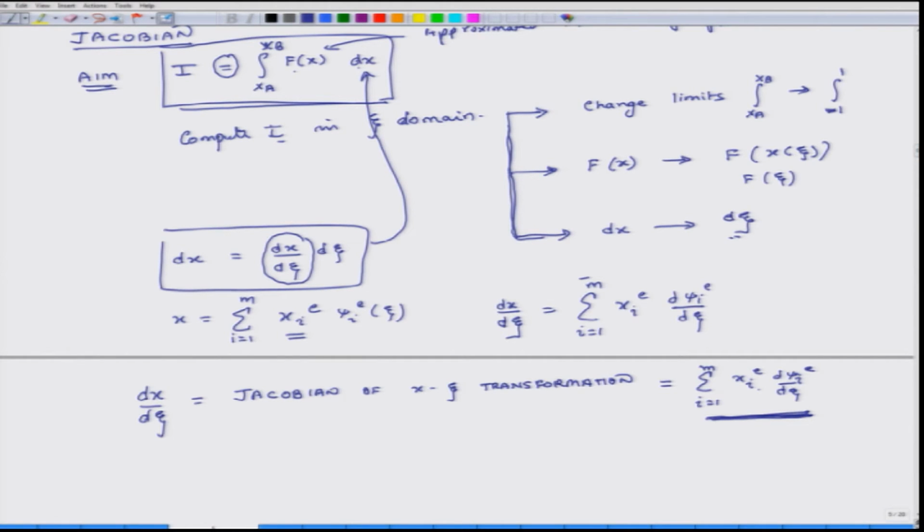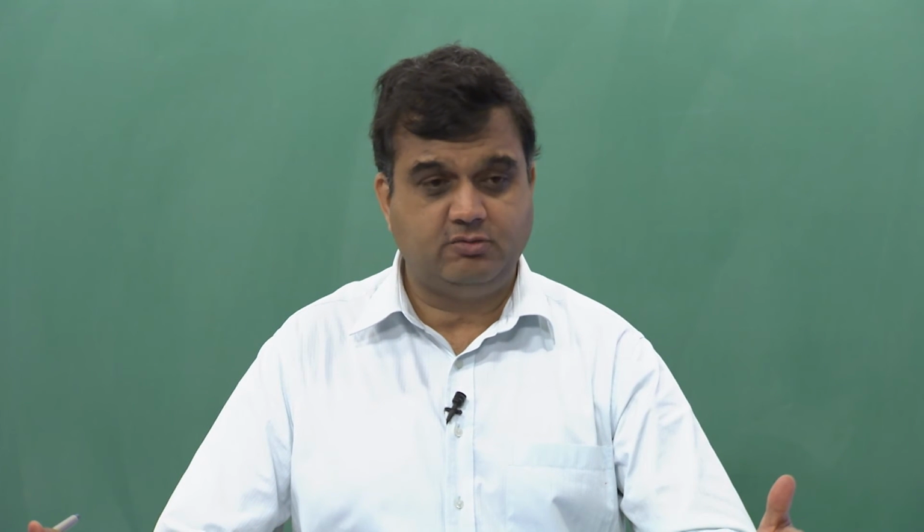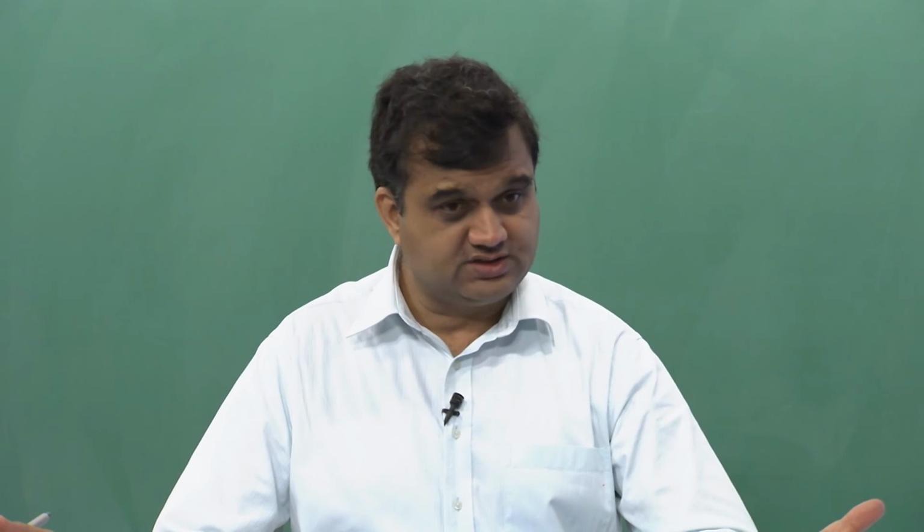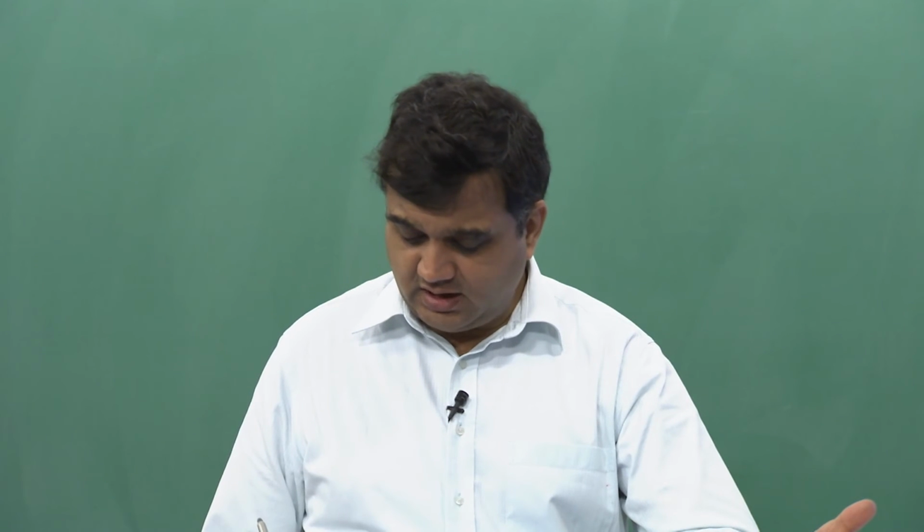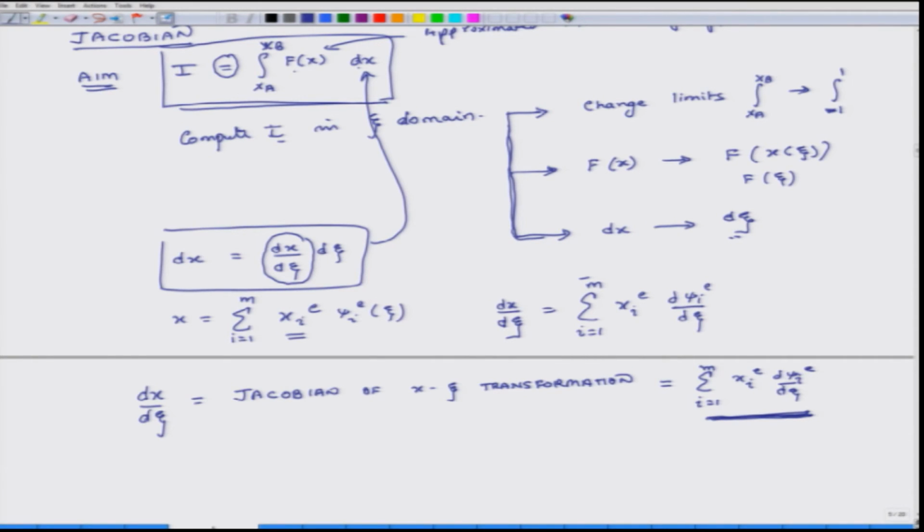What about xi's? Xi's are coordinates of nodes in the x system. So, if there is a 3 noded element, then I know what are its coordinates. So, I know xi's and I know psi. So, I can calculate d psi over d zeta and multiply it by xi, add them up, and using this approach I can calculate dx over d zeta, which is the Jacobian of x to zeta transformation.